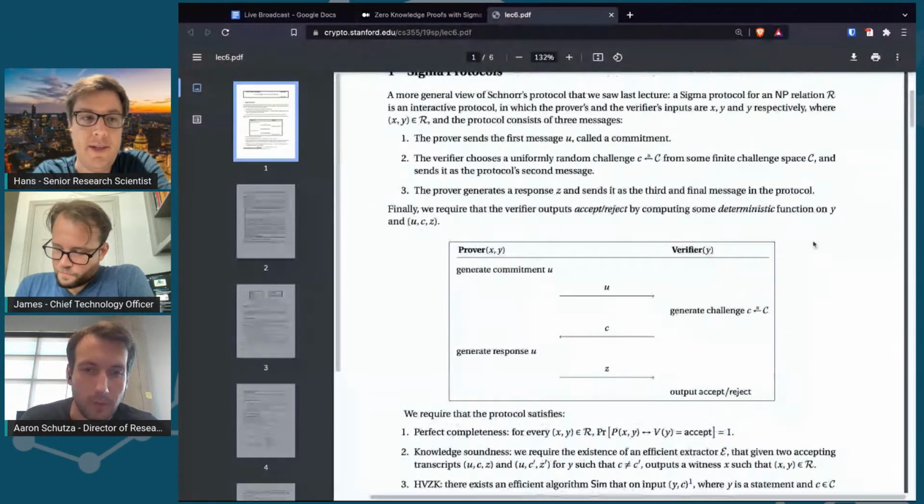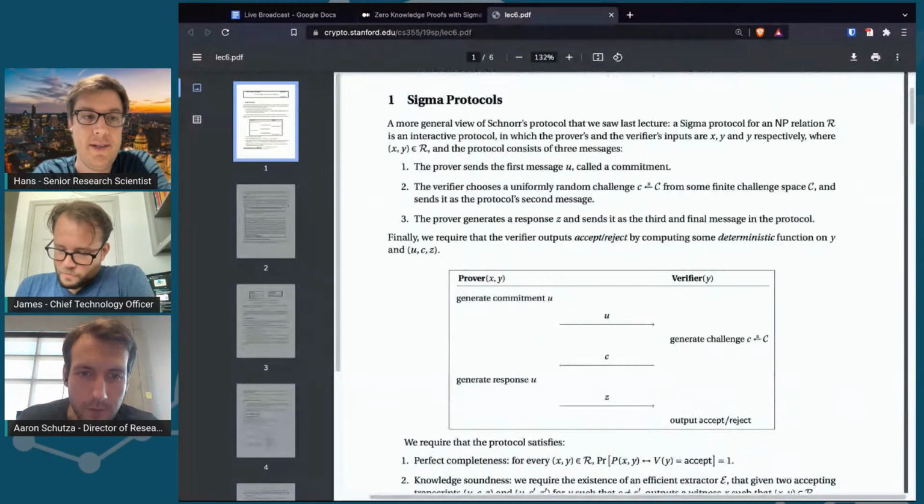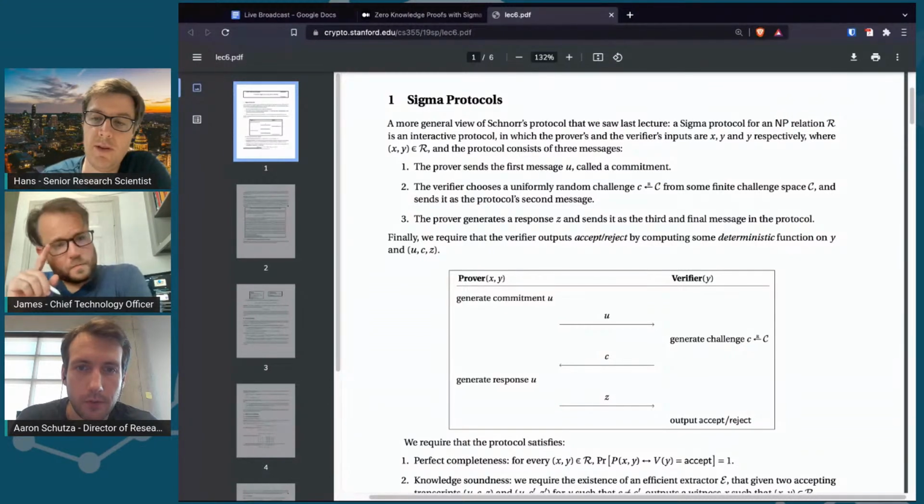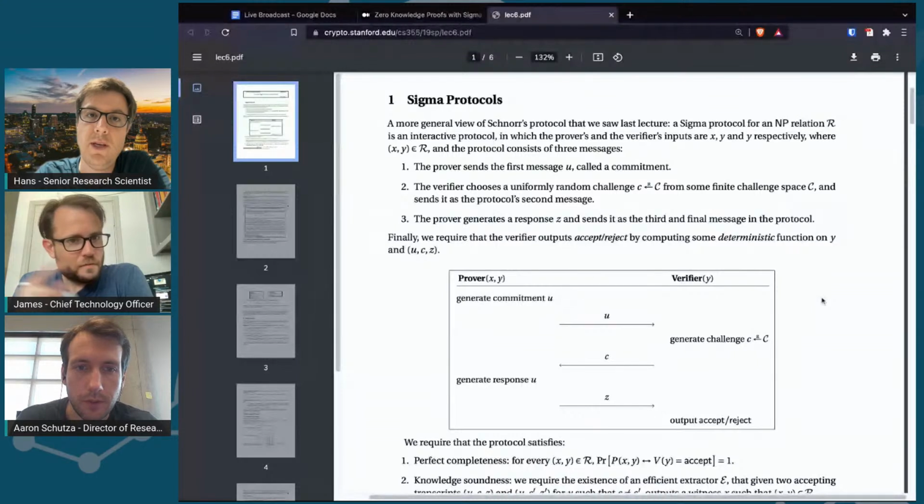One thing is that generate response on the prover side should be a z, I think. Yes, I think so. It's a slight typo there. For the specific example for Schnorr's protocol, there's lecture 5 as well, which I think will clarify some of the variables.